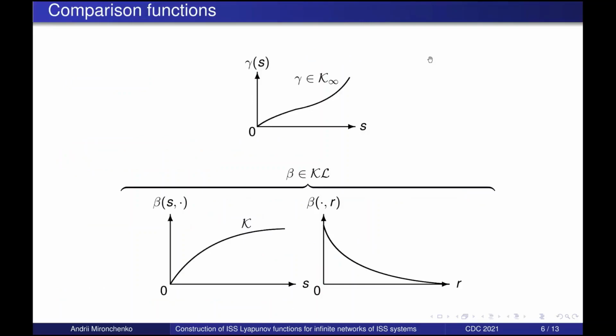To define the stability properties, we need two classes of comparison functions. We say that a function is of class K-infinity if it is continuous, zero at zero, and increasing. KL functions are continuous functions of two arguments, which are like K-infinity in the first argument and decay to zero in the second one.